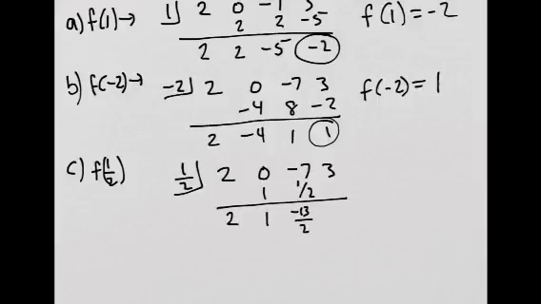Times a half is negative 13 fourths. So 3 minus 13 fourths, well, 3 over 1 is actually 12 over 4, right? So 12 fourths minus 13 fourths is negative 1/4. So that's my result right there.